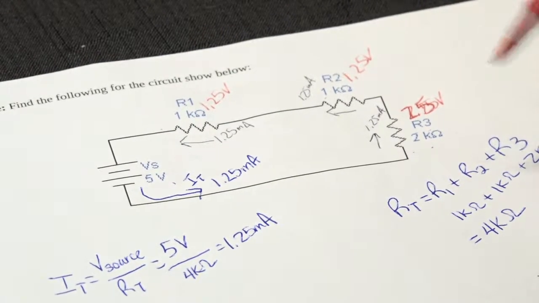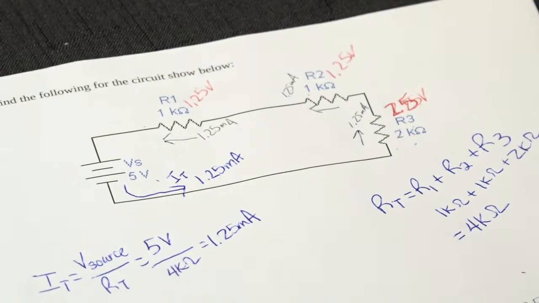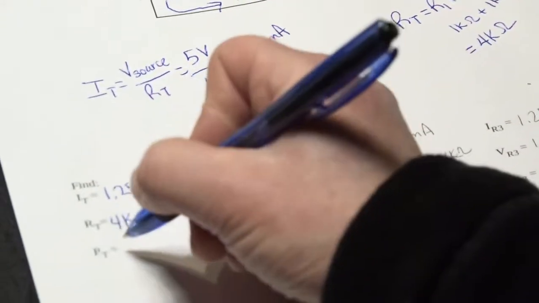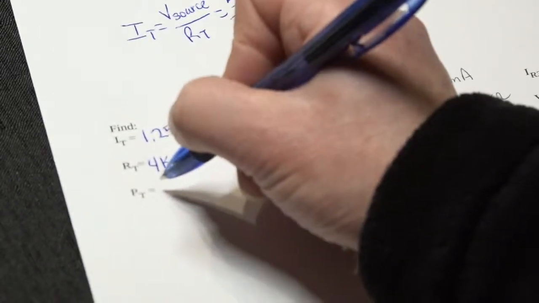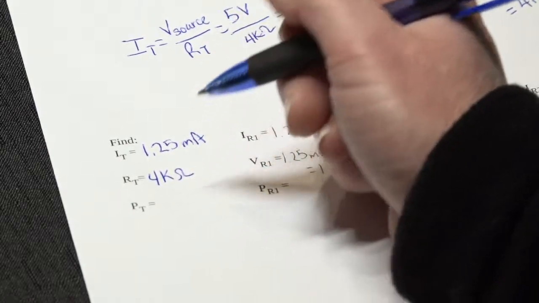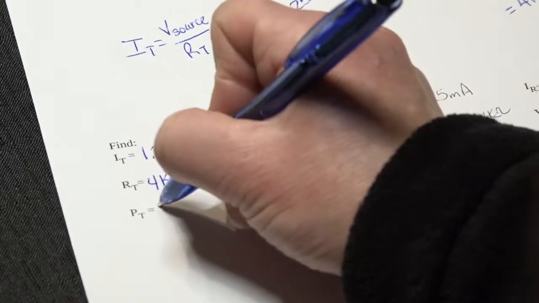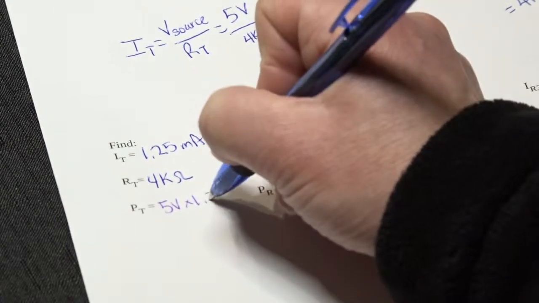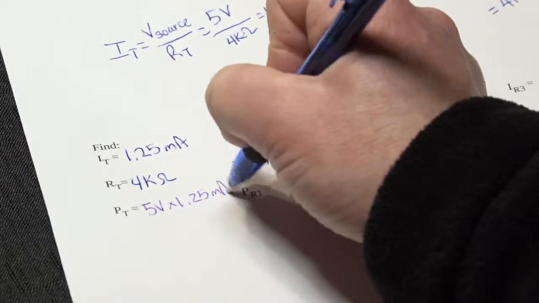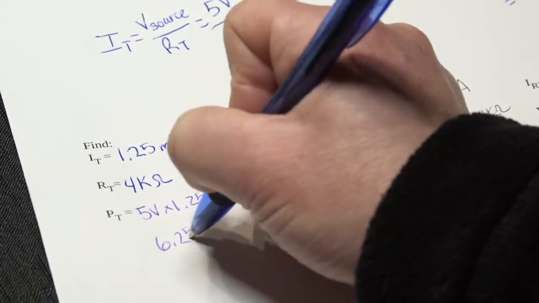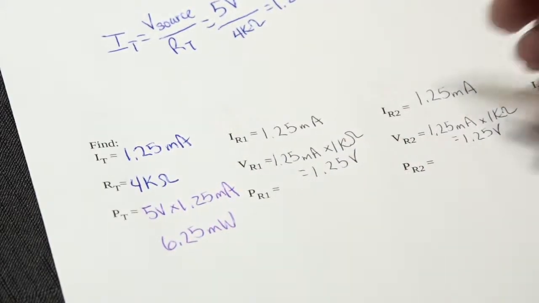So now, when we go to find the power dissipated overall, that is equal to the voltage times the current. And so we take 5 volts times 1.25 milliamps, and that gives us 6.25 milliwatts.